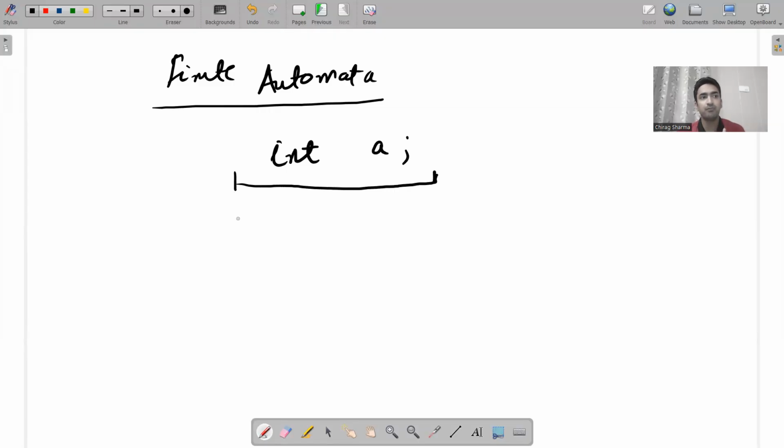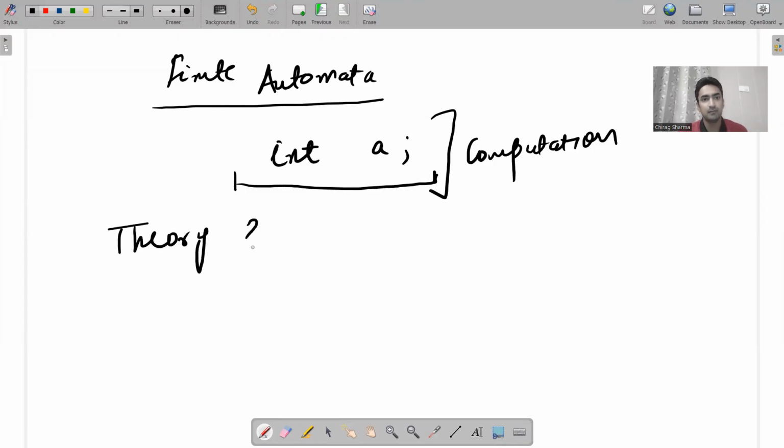But there is a theory behind it. It means this is known as your computation. And what is the theory behind it? We don't know. We have to see what kind of theory is applicable here and how this theory evolved. We have to see.